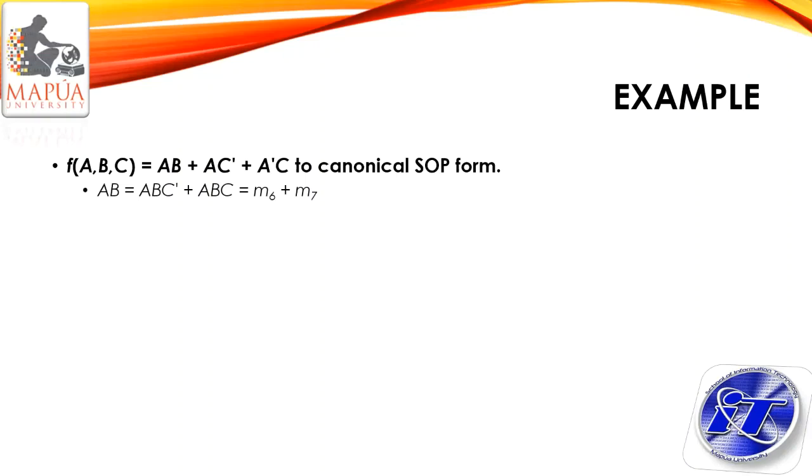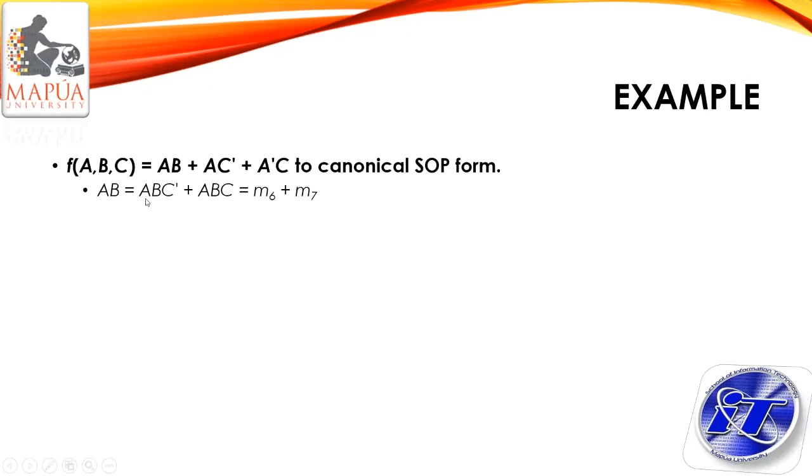So how could we do that? We're going to introduce both C' and C to our equation. If you simplify ABC' plus ABC, it's still AB. So we introduce C' on the first term and C on the second term.